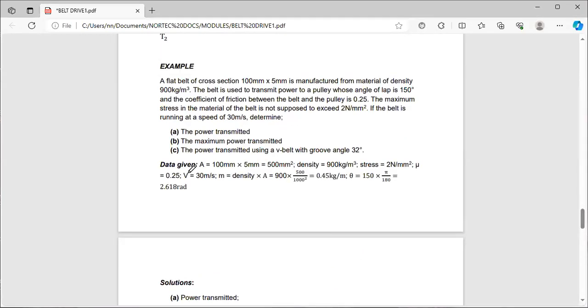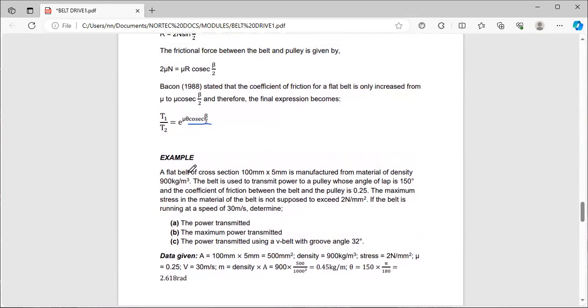So this example says a flat belt of cross-section 100 by 5 millimeter manufactured from material of density 900 kg per cubic meter. The belt is used to transmit power to a pulley whose angle of lap is 150 degrees. And the coefficient of friction between the belt and the pulley is 0.25.